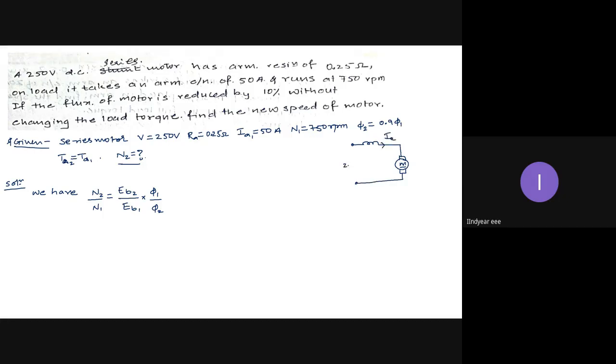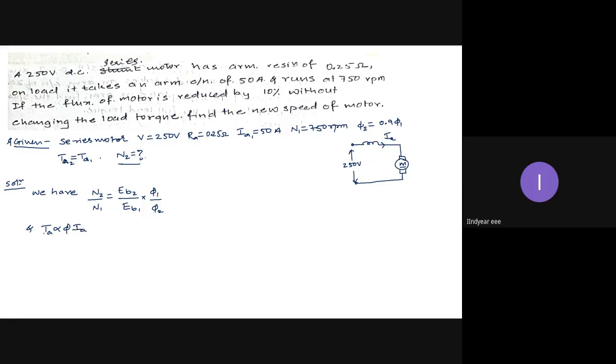This is IA. The applied voltage is 250 volts. We have this relation, and my torque TA is proportional to phi into IA. This we know.